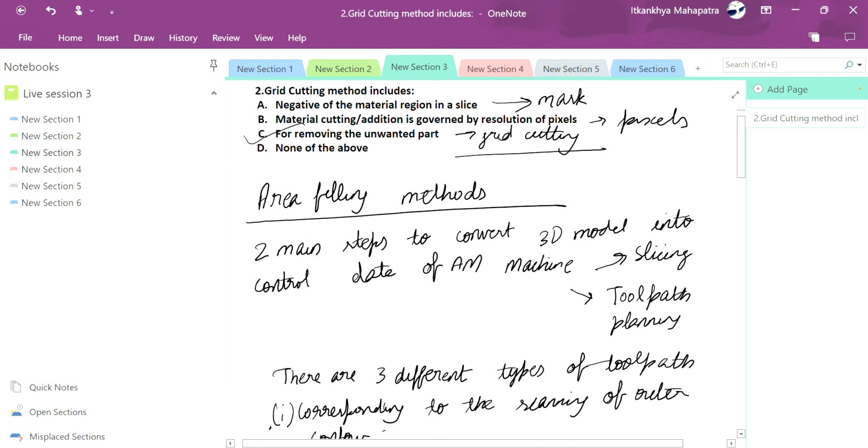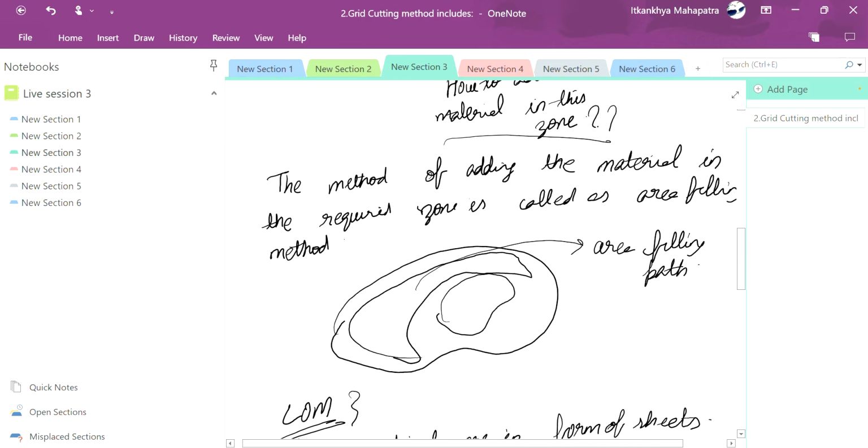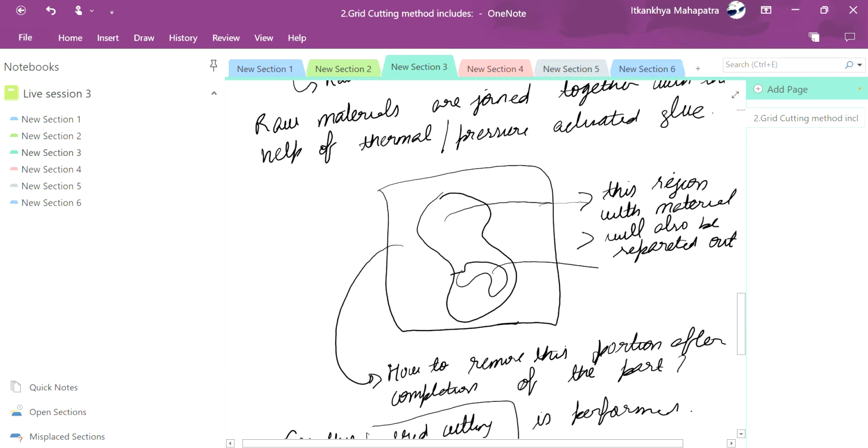And in LOM, as the sheet is joined with another sheet on the bottom side, we need to separate out the unwanted region. If we cut the path along the contour obtained through the slicing, then the region where the material is also present will also be separated out. So in this type of situation, you need to follow grid cutting.